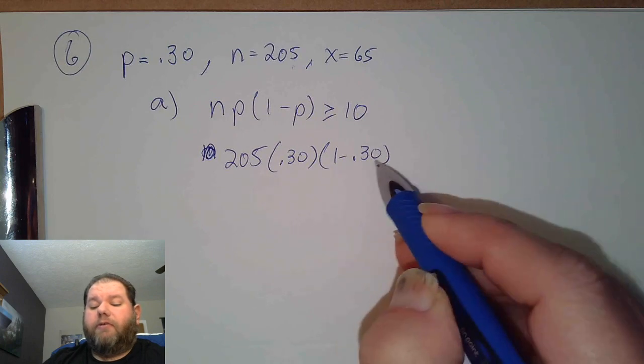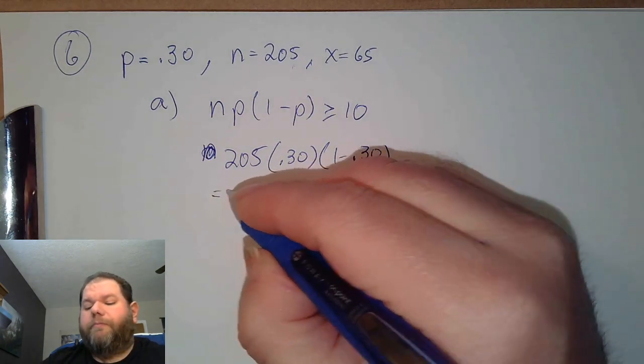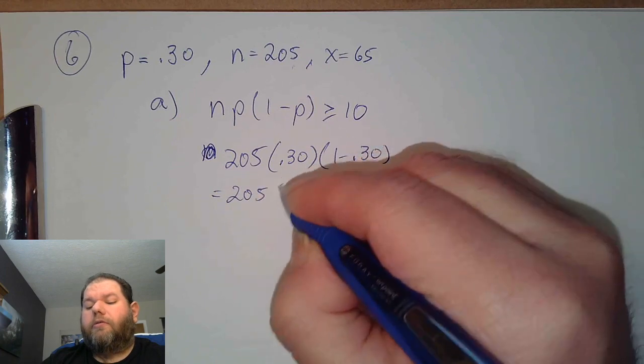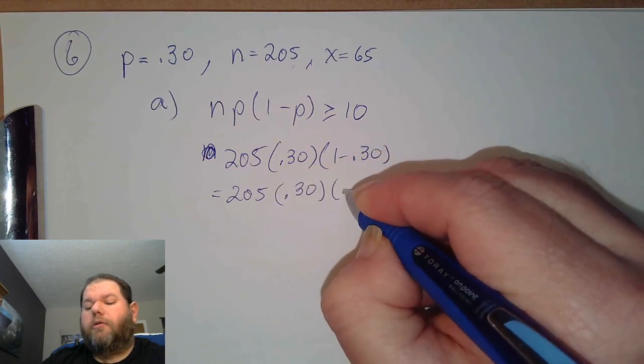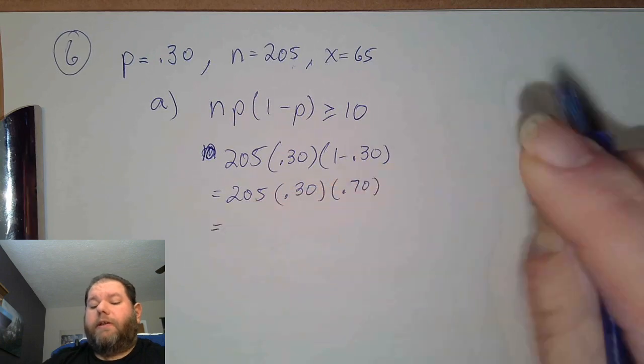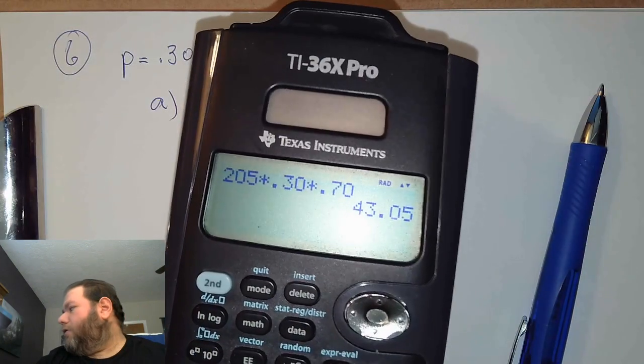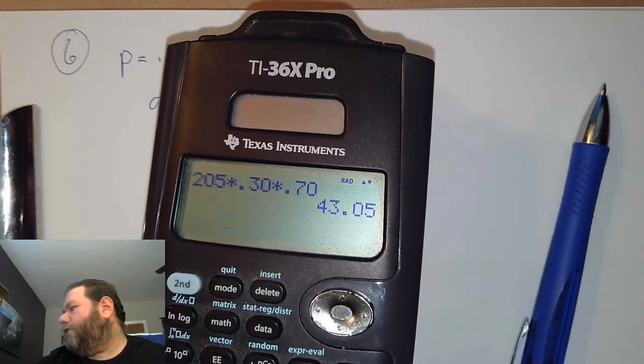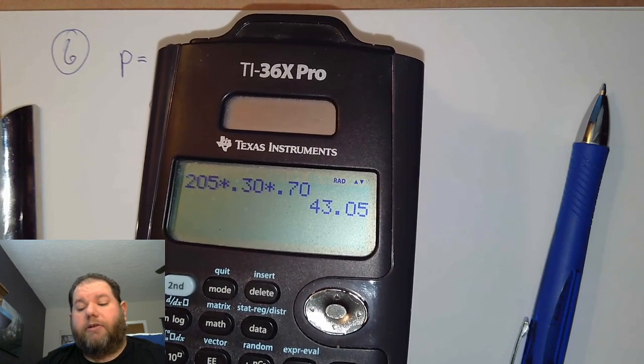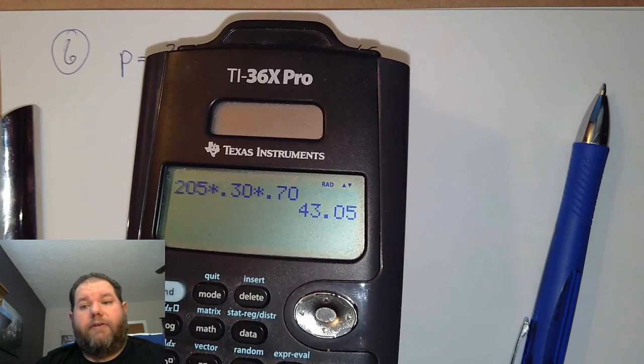If we subtract those, though, that's 0.70. And so we just have to multiply all that together. 205 times 0.30 times 0.70. So for that, we get a value of 43.05. And it is bigger than 10, so we can confirm that it is approximately normally distributed.